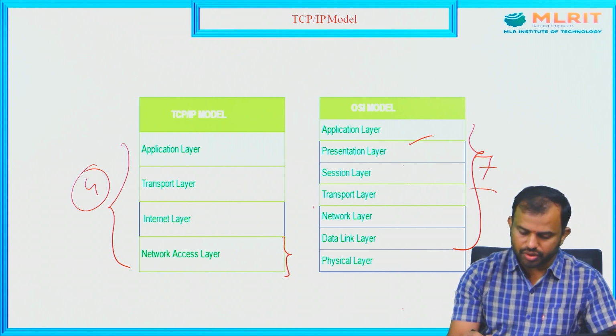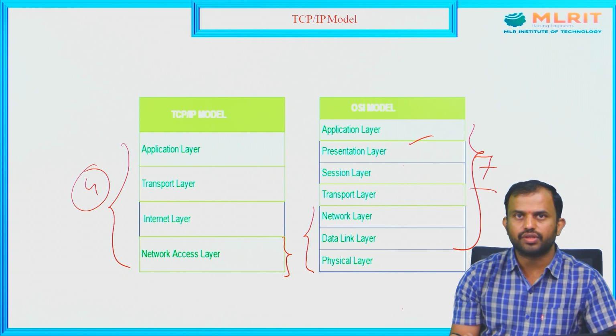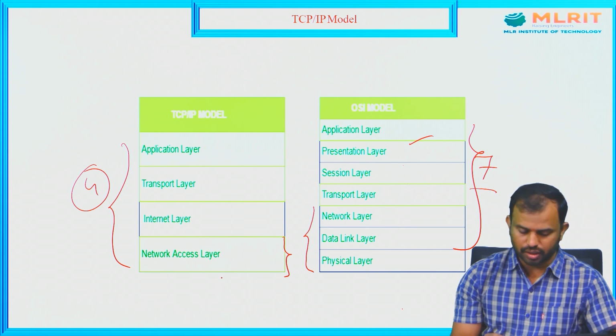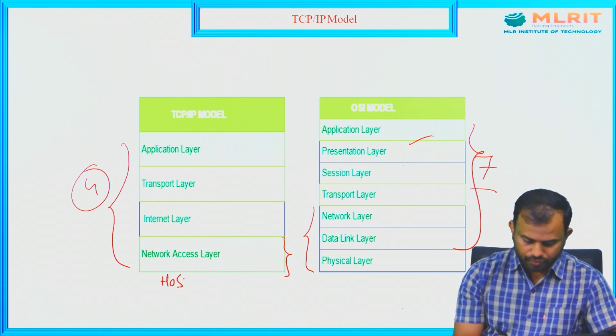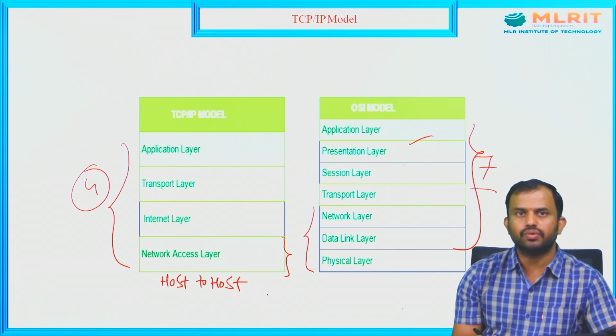The functionality performed by the network layer, data link layer and physical layer in the OSI model is performed by a single layer in the TCP/IP model, the network access layer, which is also called the host-to-host layer.